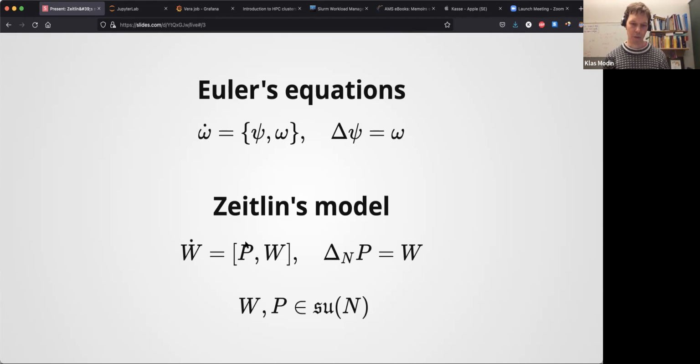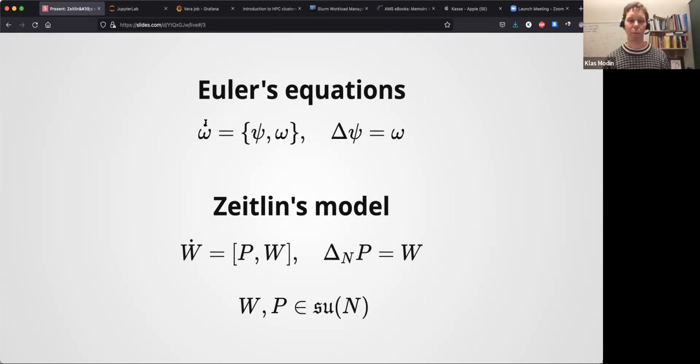So we replace functions essentially by skew-Hermitian matrices, elements of su(N). The parameter N, the size of the matrix, you should think of as the truncation index. When you have an element W in su(N), it corresponds to N squared degrees of freedom in your model, and you will see exactly how this comes about.